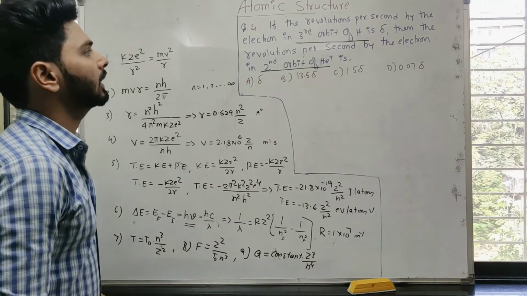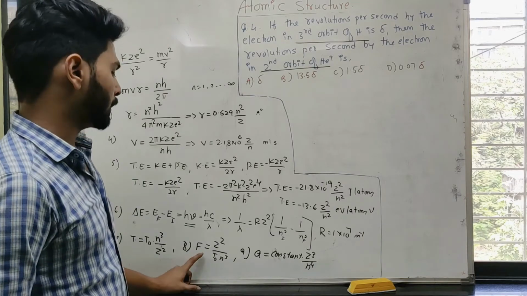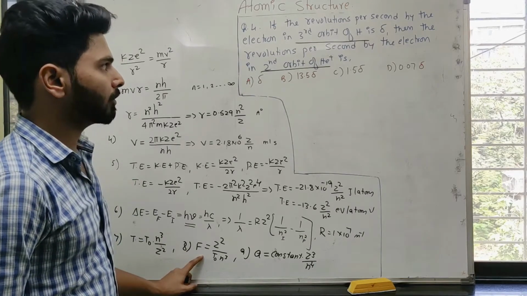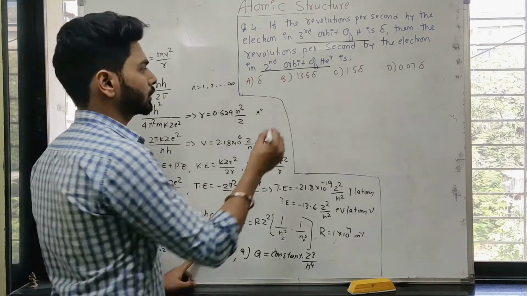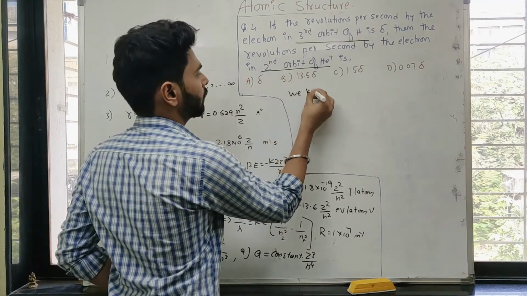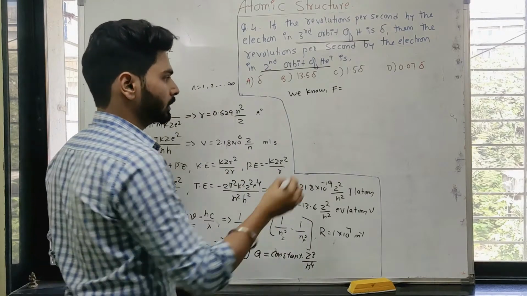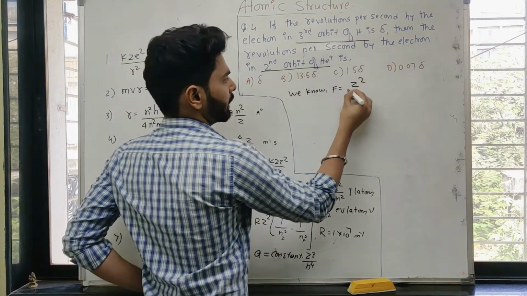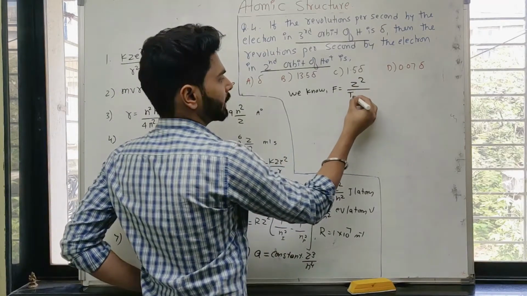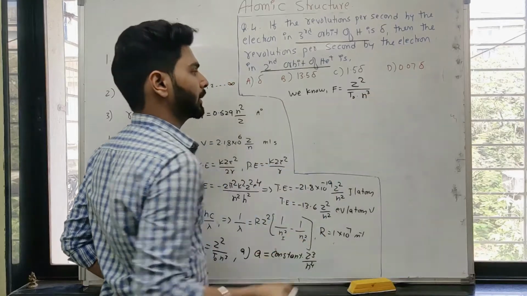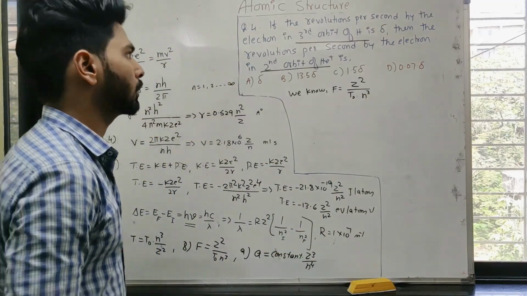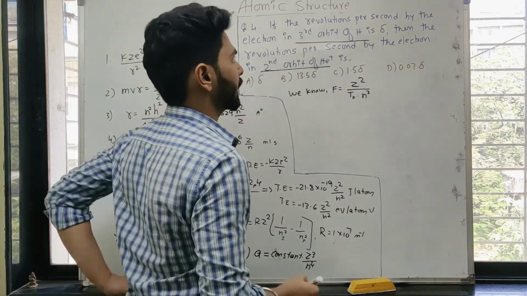So let's do that. Let me just write for the third orbit of hydrogen. So we know frequency is equal to Z square divided by some constant, let us say T naught, and n power 3. This is the formula for frequency or revolution per second.